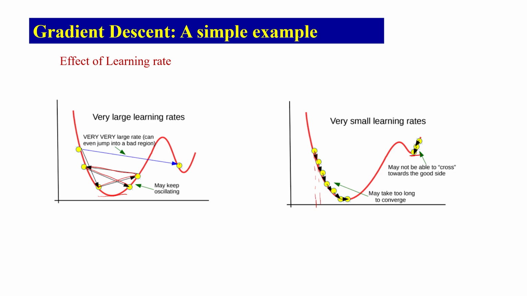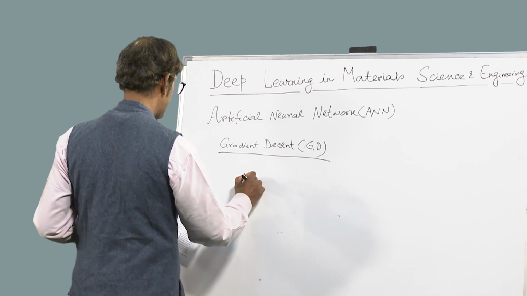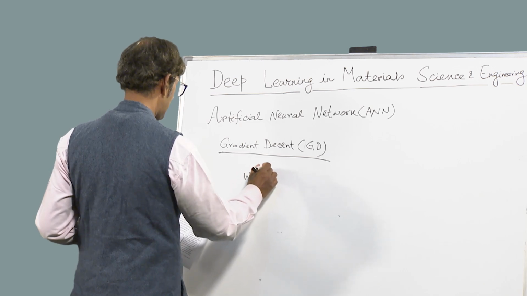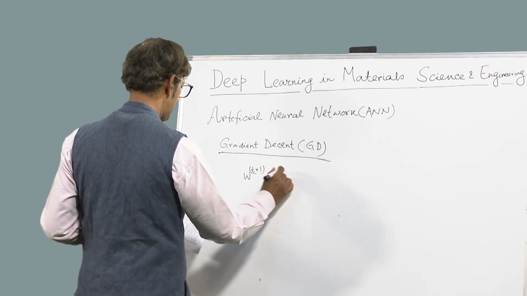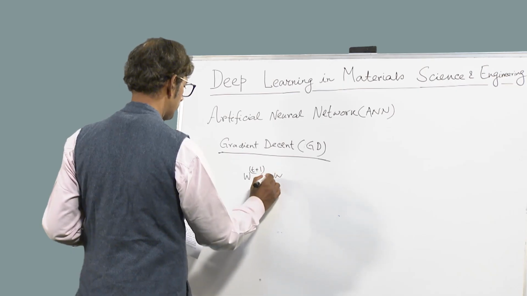So, in case of gradient descent, what do you do? Weights are optimized this way, I told you in the last lecture also.